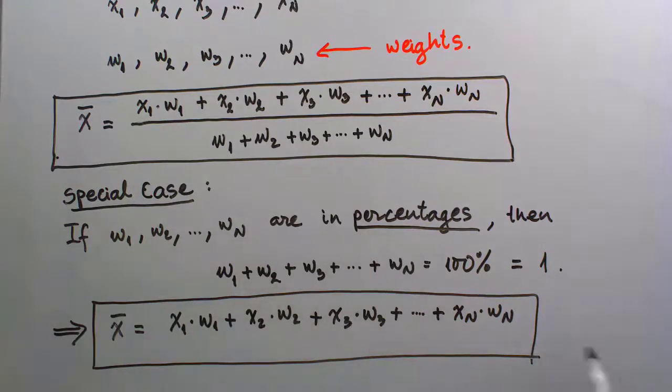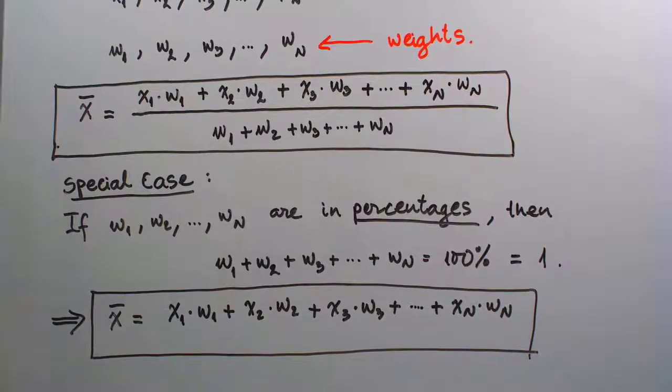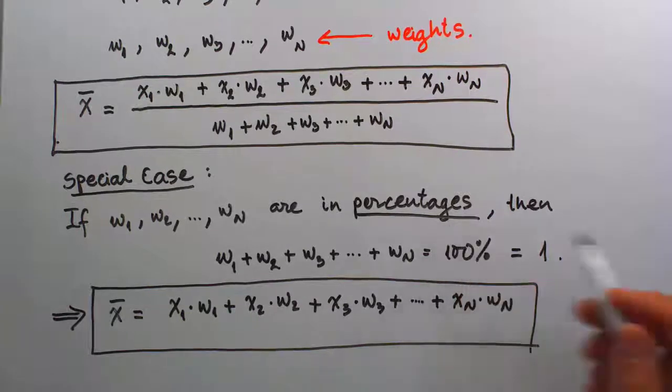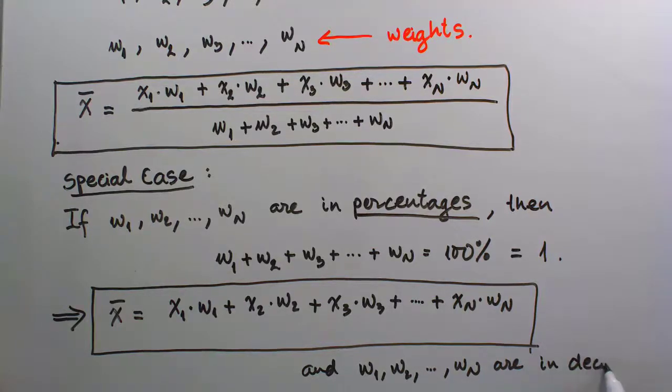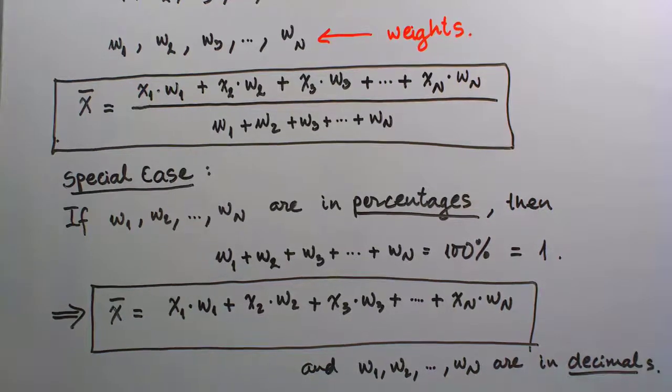And I need to make an additional note here. These weights need to be in percentages, and further, W1, W2, up to Wn are expressed in decimals. They're coming from percentages, but we're writing them as decimals.